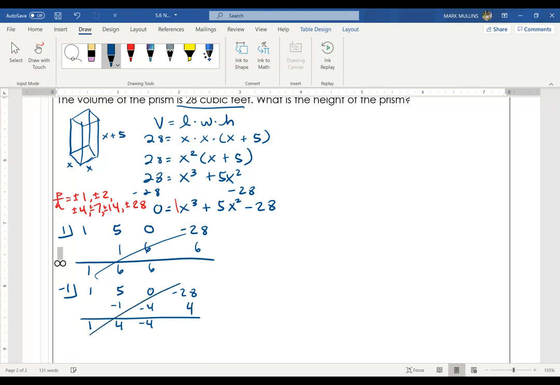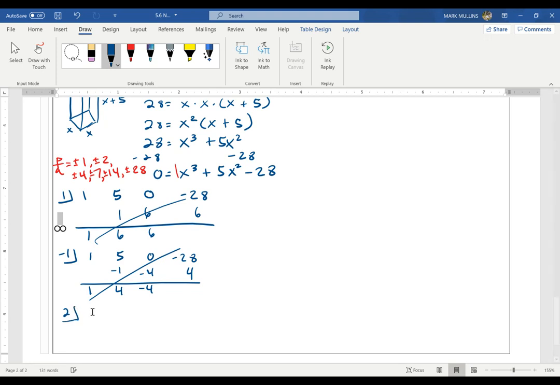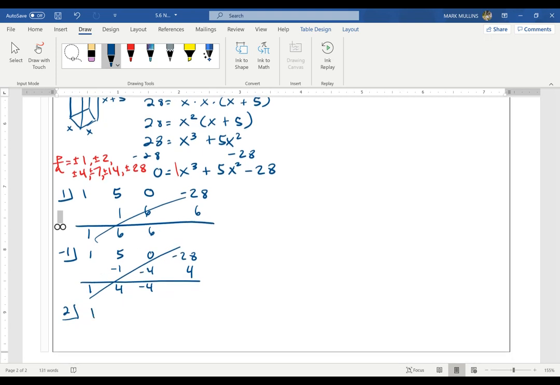Still not a solution. So let's try 2. All of a sudden, my pen's not writing again. There we go. Oh, this one looks good, 28. All right, so we got a 0.